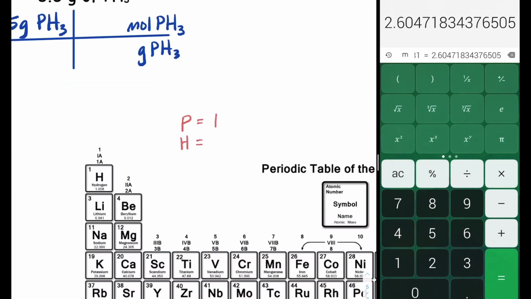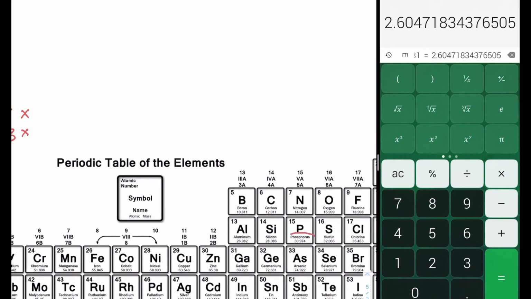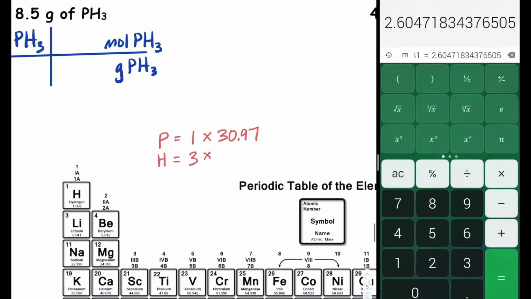We have 1 phosphorus and 3 hydrogens. The molar mass of phosphorus is 30.974. We're going to round that to 30.97 grams per mole. And the mass of hydrogen will be rounded to 1.01 grams per mole.